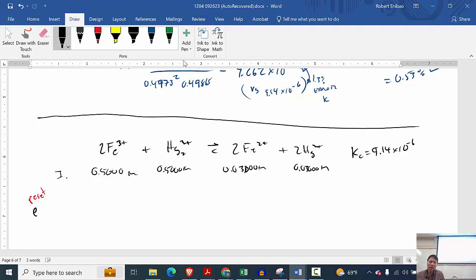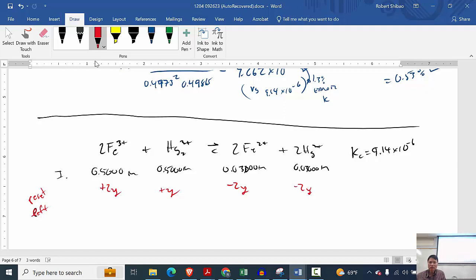The reason is that I don't want a big change. I want a small change. The smaller the change, the more likely the simplifying assumption is going to work. So this is going to be plus 2y, plus y, minus 2y, minus 2y, where y is 0.03000.